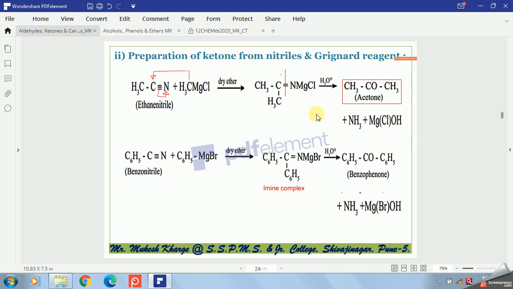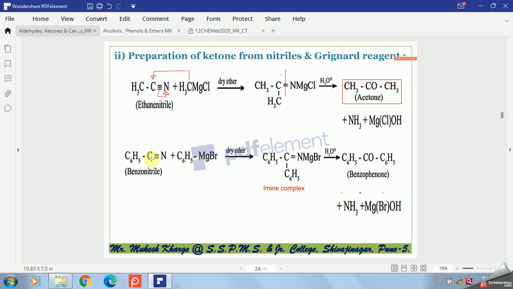Okay, so in short, simply convert the carbon nitrogen triple bond to a carbon oxygen double bond, and add your alkyl group from the Grignard reagent to the carbon of the triple bond with nitrogen. So what is your product? Benzonitrile, phenyl cyanide, reacts with phenyl magnesium bromide.